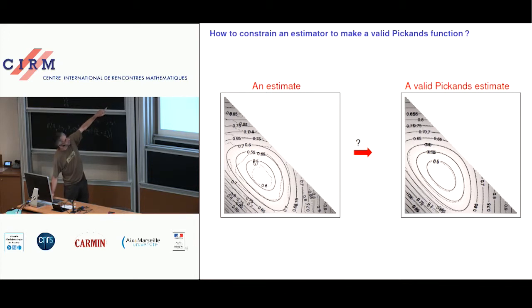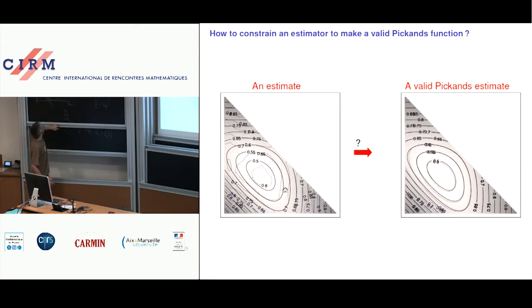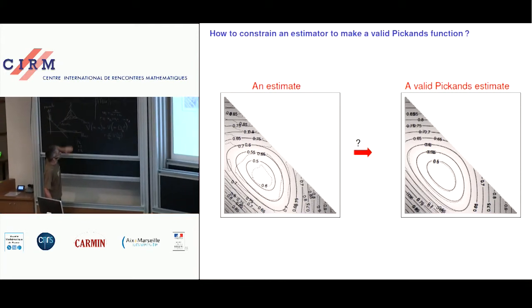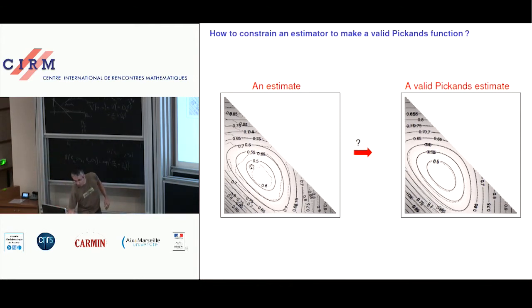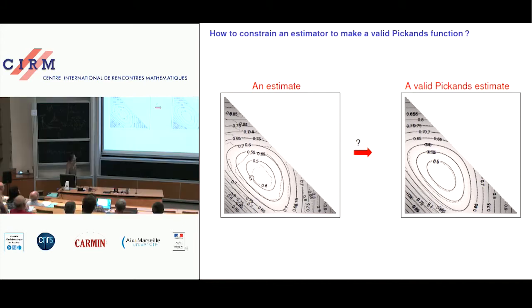But here, in this triangle, so basically the triangle is kind of the simplex in 3D like that. So what you can see, we have an estimate of the true function, which are the black lines, and you can see that's the estimate. There's a problem here in the sense that it's not convex. So we have to figure out how to make it convex. We would like to have that.